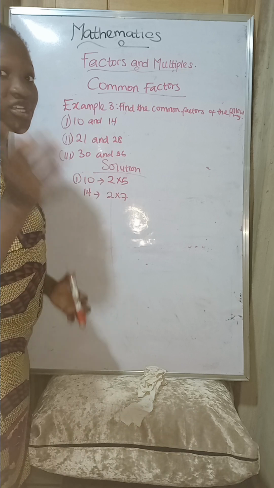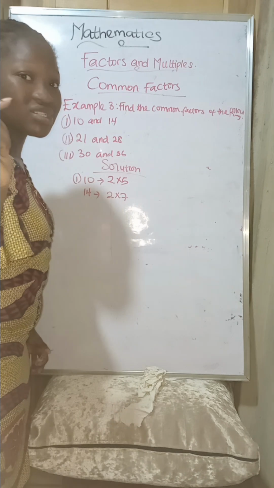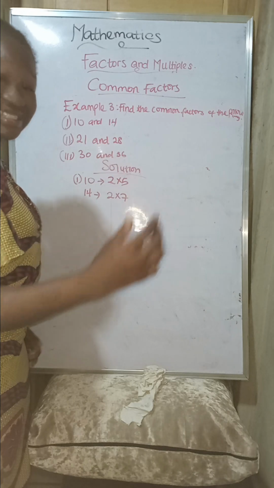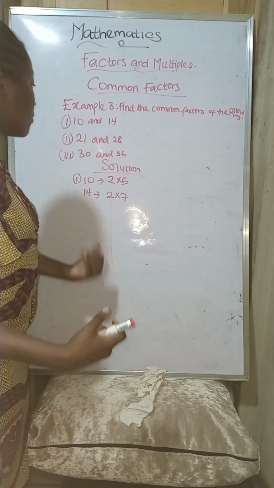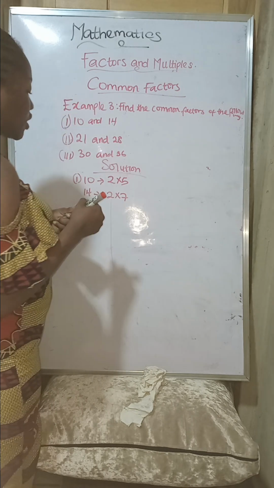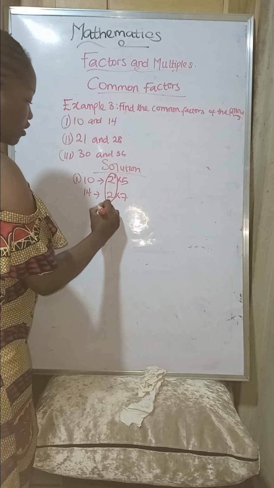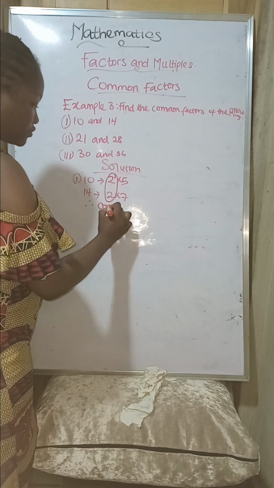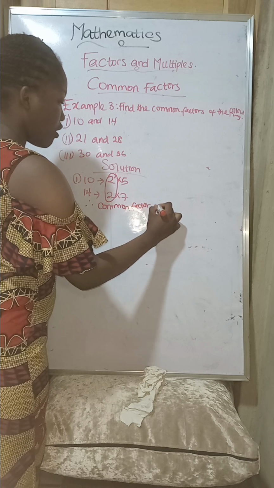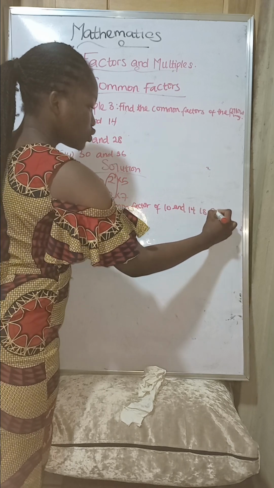If you don't know it, make it a point of duty to memorize the multiplication timetable, 1 to 12, or 2 to 30 if possible, 2 to 20 if possible, because it's very applicable when you are doing this. So what's common between these two? 2. Therefore, the common factor of 10 and 14 is 2.